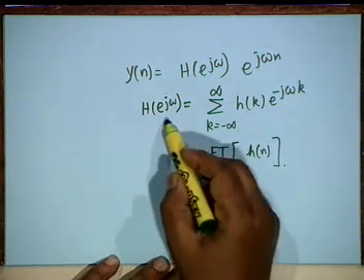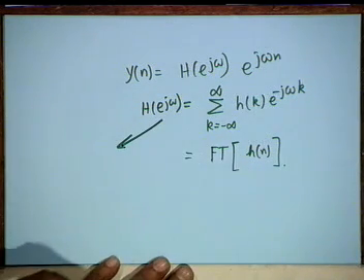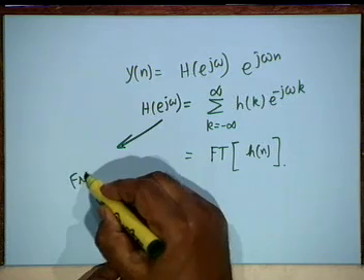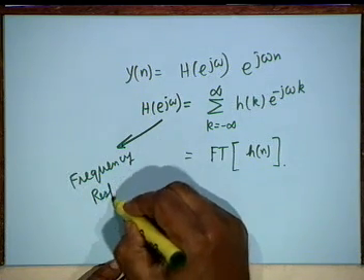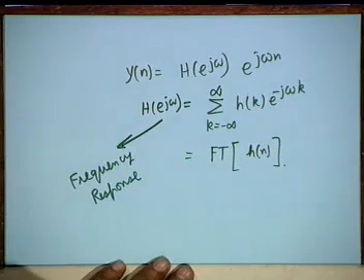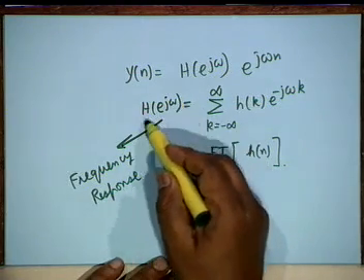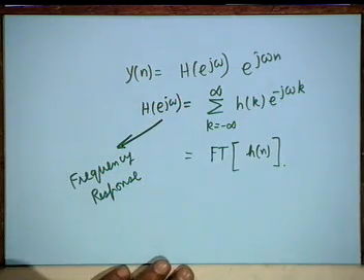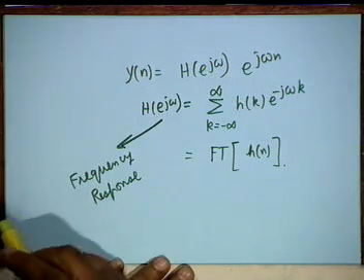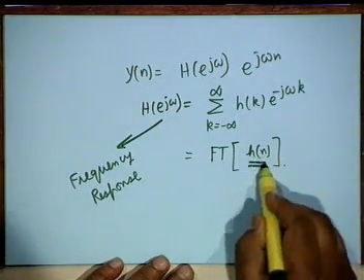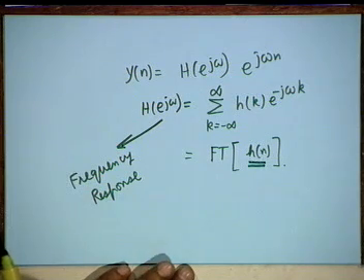Alright, and this quantity capital H of e to the j omega is known as the frequency response of the system. The quantity capital H of e to the j omega is a characteristic of the system, just as h of n is the characteristic of the system.